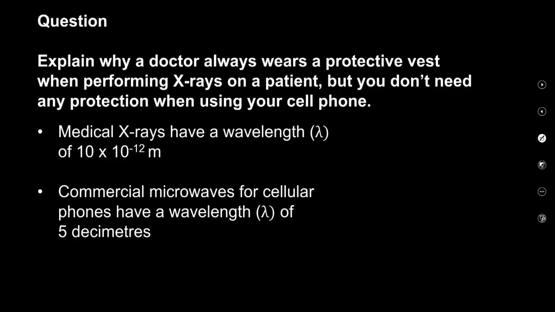So we're being asked to explain why a doctor needs to wear a protective vest when performing an X-ray. Medical X-rays have a wavelength of 10 times 10 to the minus 12 meters. So a very short wavelength, and therefore we know a very high frequency.